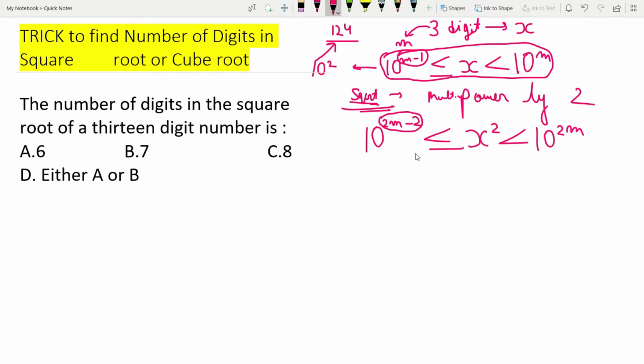So you need to learn that for this case, the number of digits is what we can derive from this: 2m minus 1 and 2m. Always remember this whenever the word square root comes.